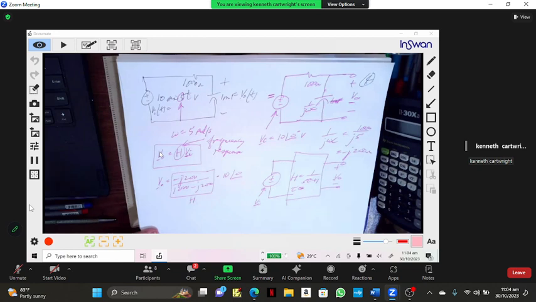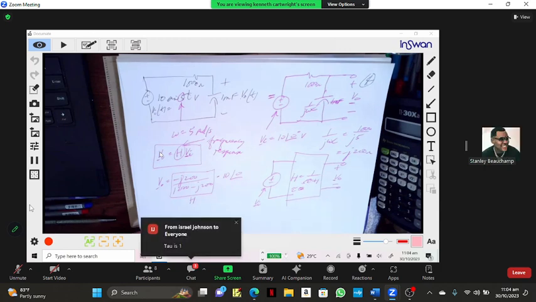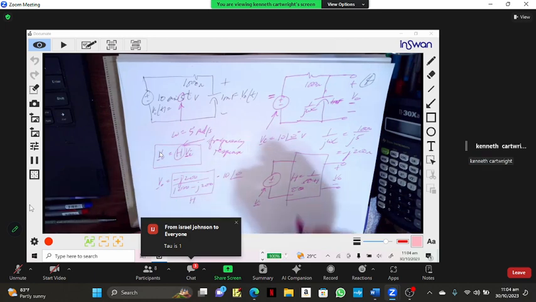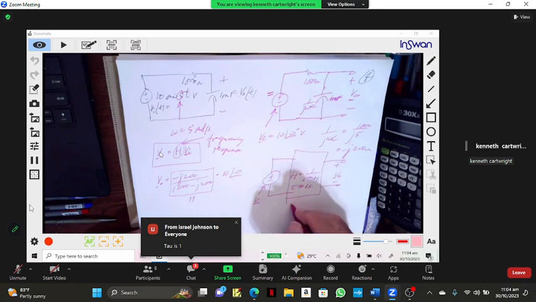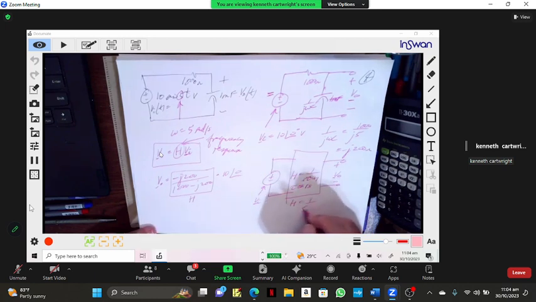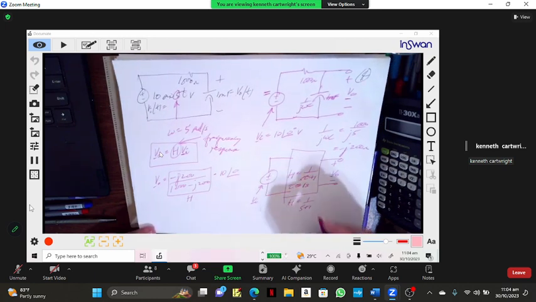Which is how much in this case? That's 1 second. So H equals 1 over S plus 1. And now what's S?